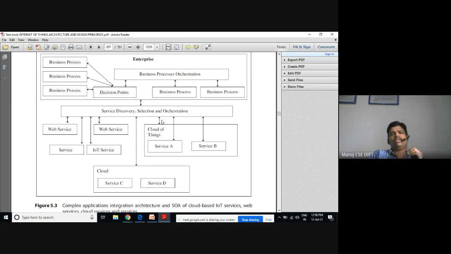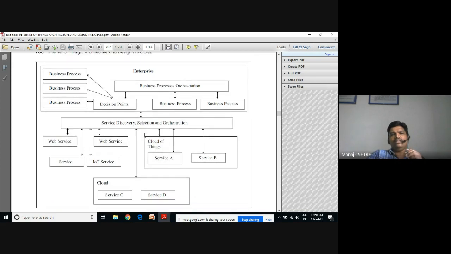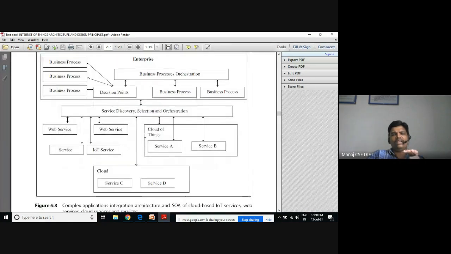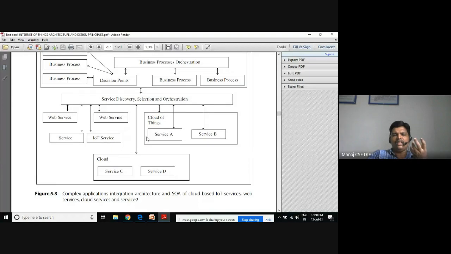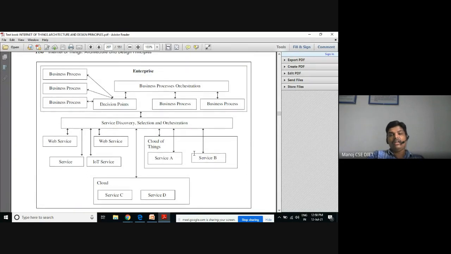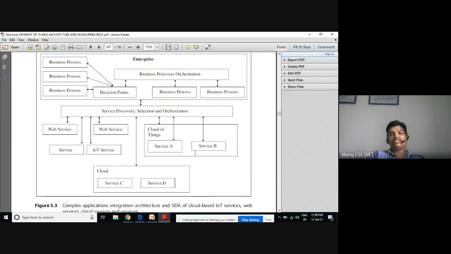The backend cloud supports our service discovery and our knowledge discovery here. Like this, there will be an enterprise architecture based on SOA regarding complex applications integration.